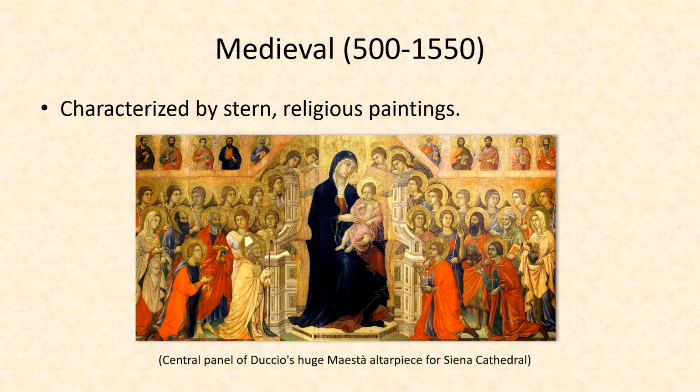You can see the seriousness, you can see the religious nature, and also notice that no one's smiling in there. It is considered very serious and, as I said, more stern. And this typically reflected the times and also the locations of where these paintings would be found, many times in churches and cathedrals.